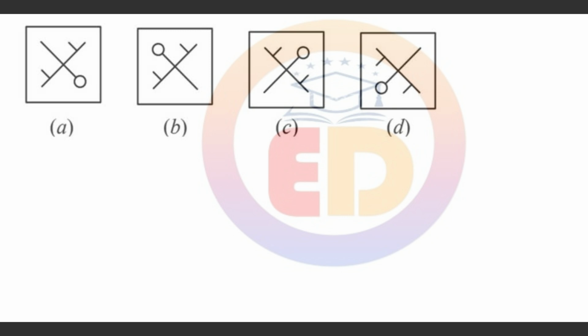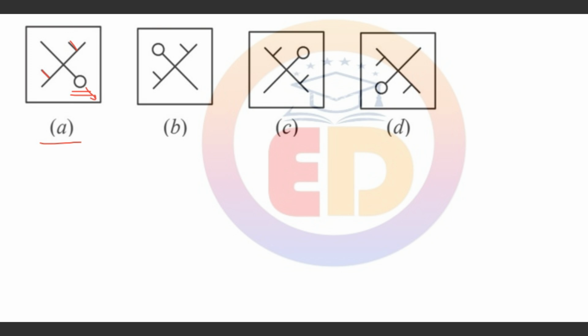Next question. In the first figure, we see that the circle is downwards. This is the southeast direction, and these two smaller lines are just opposite.